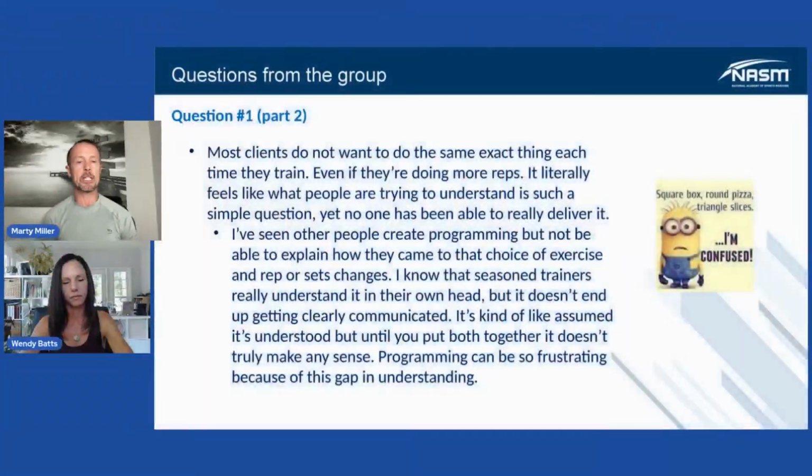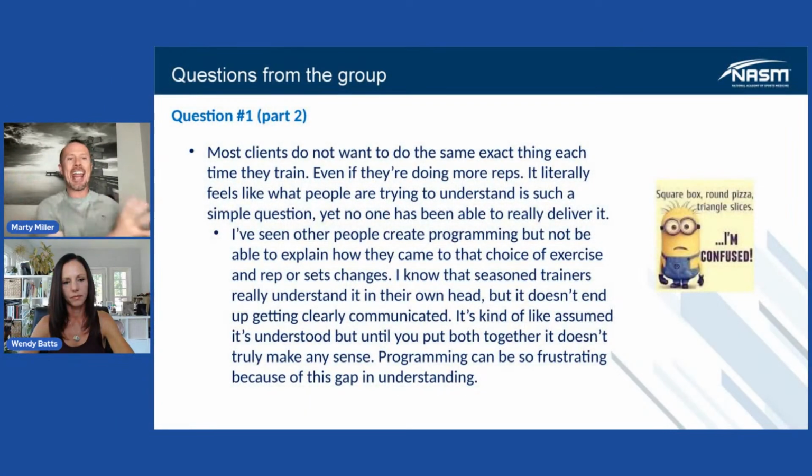Because if I'm changing the repetition, that means I know where their bar is. Okay, you nailed 10 reps at this weight, at this tempo. Let's assume that within that phase of training, I go to 12 reps, whether it's for one set, two sets, or all three sets. But if I change that and an exercise, and now they're like, well, I didn't really feel great from that, what was the change that caused the problem?